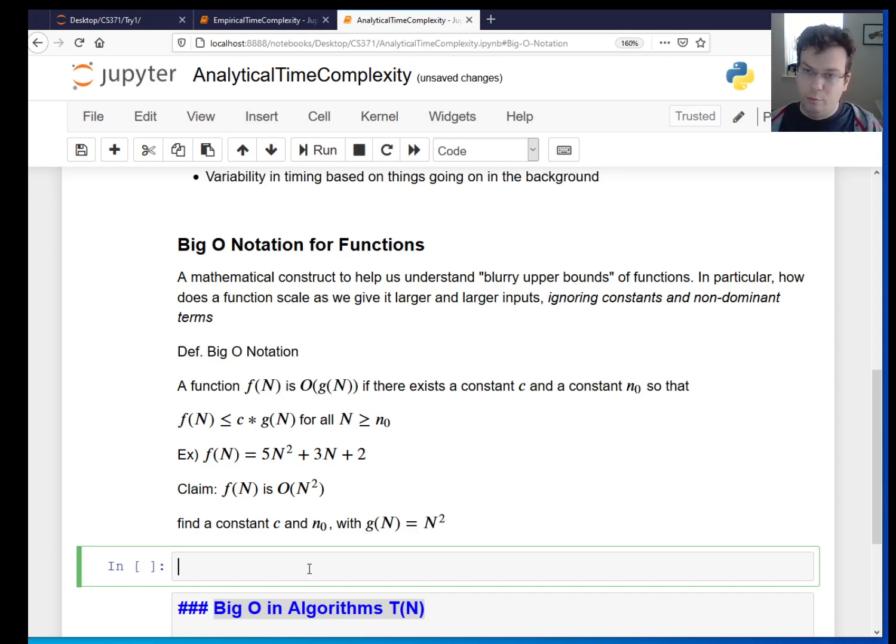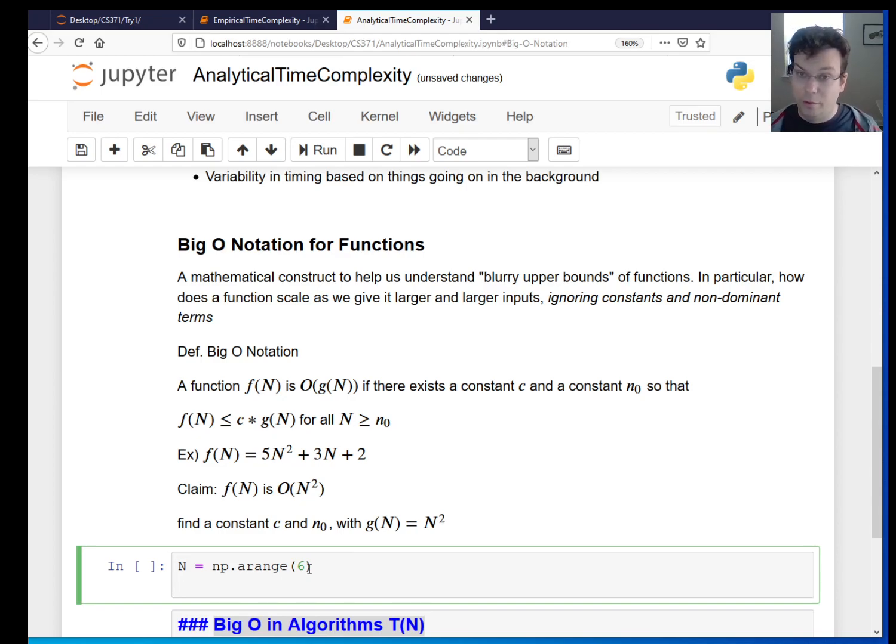Before I do that super mathematically, let me just do a little graphical thing here. I'll say n is equal to np.arange(6). Let me look at n from 0, 1, 2, 3, 4, 5, and my f was 5n squared plus 3n plus 2.